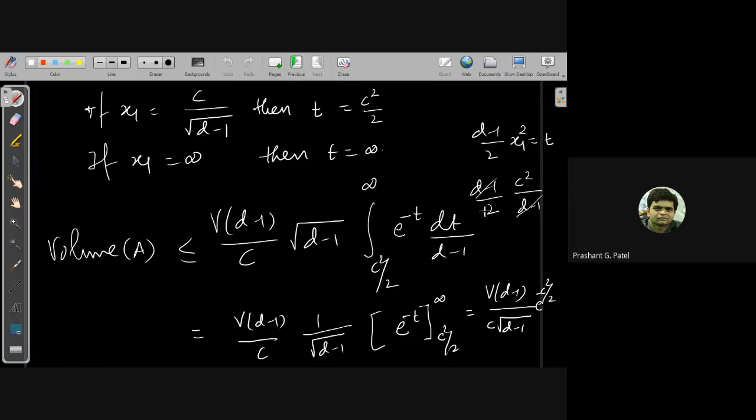Yeah, so that is the problem here. We have x1 square, so the square of this one, no problem. c square by d minus 1 is equal to t. So this is square by 2.